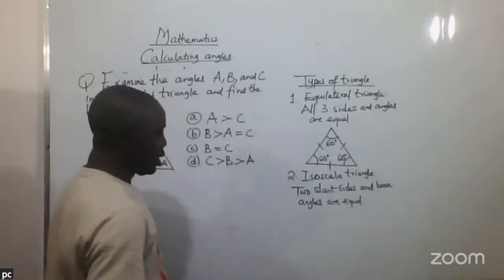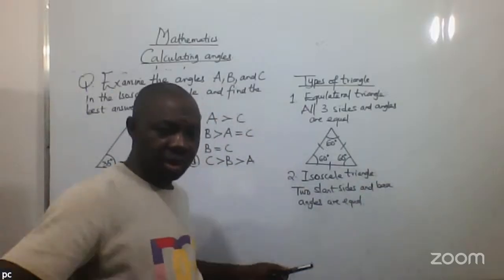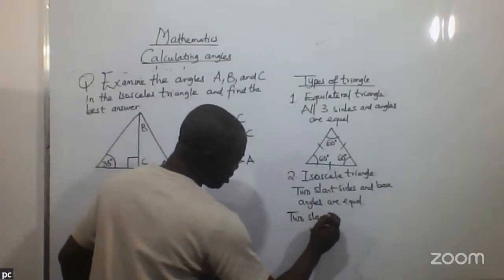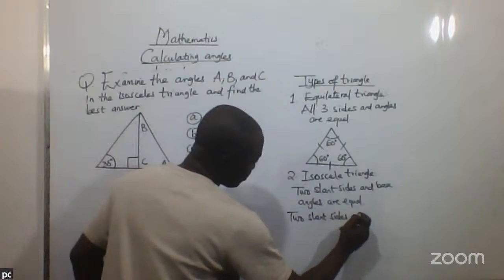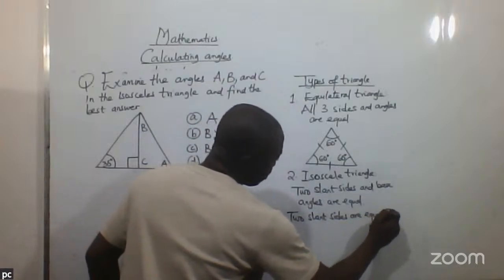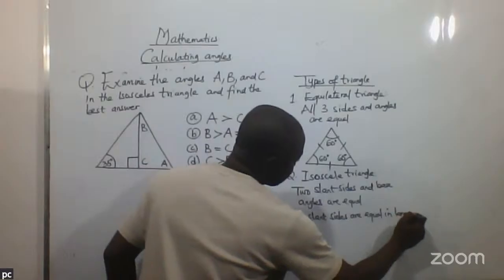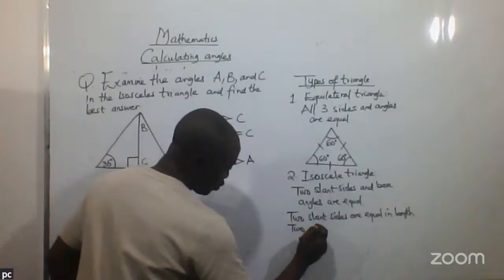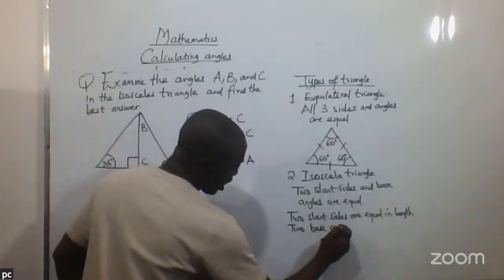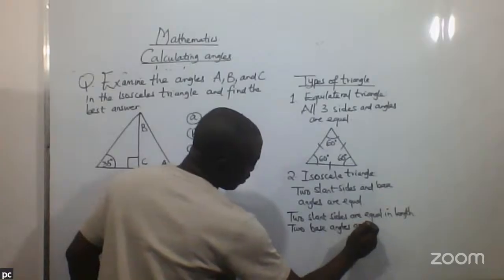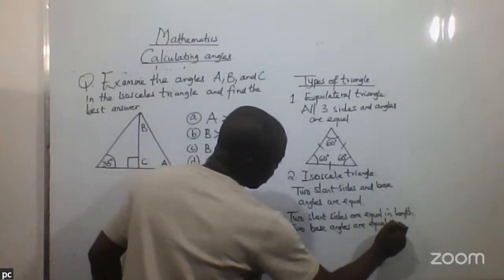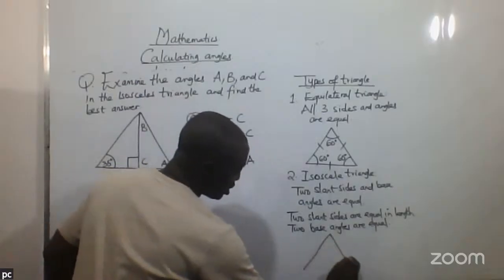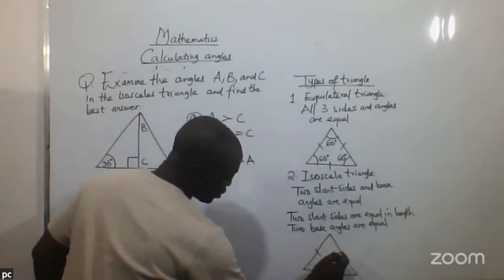What I mean here is that the two slant sides are equal in length. Let me write it out. Two slant sides are equal in length. Then two base angles are also equal. They have equal measurement. So this is why it is called isosceles triangle.